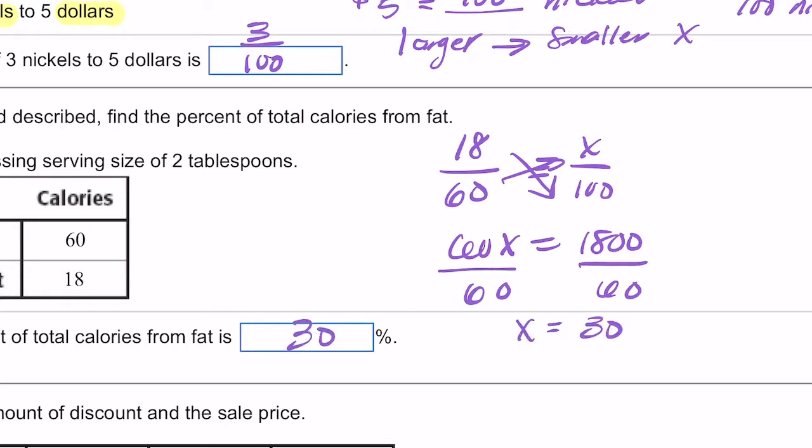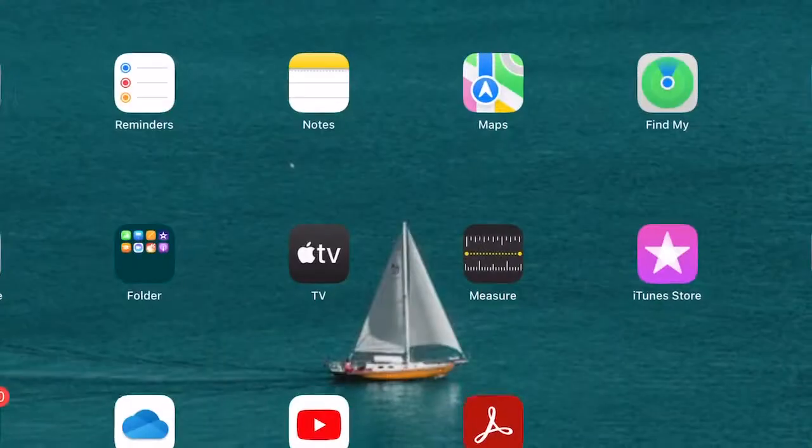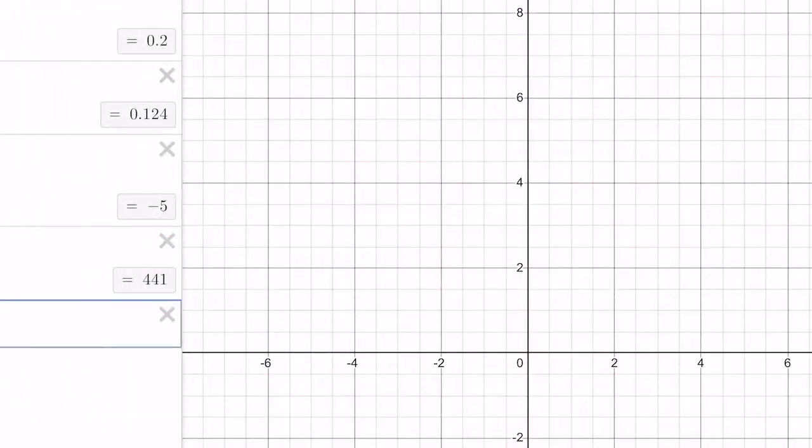So 30% of the total calories are from fat. If you divide 18 by 60 instead, just make sure you take your answer, which is a decimal, and move it 2 places to the right. You would get 0.3, but moving the decimal 2 places to the right gives you 30%.